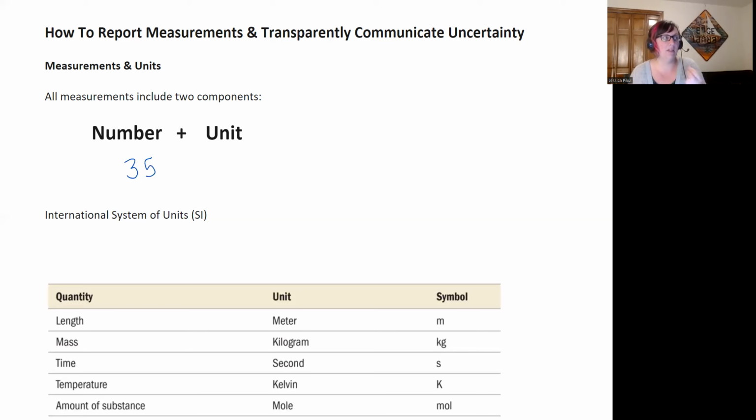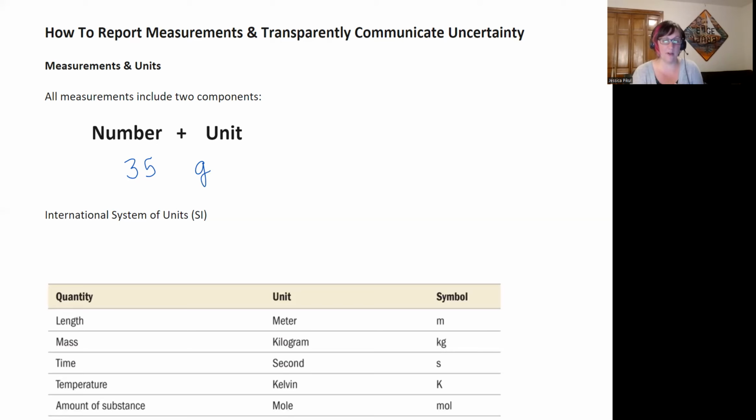And so a number is just a number until we attach to it a unit that describes what the number means. It's giving it the context that we need to understand it and use it appropriately. So let's call it grams. Now this is a measurement of mass. 35 grams is a measurement of the weight of something.